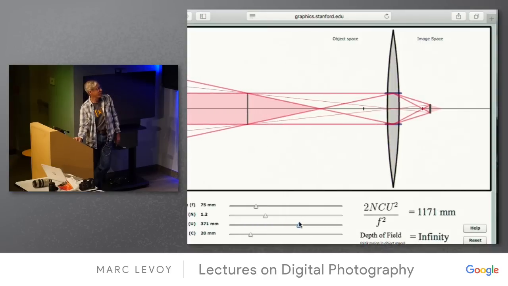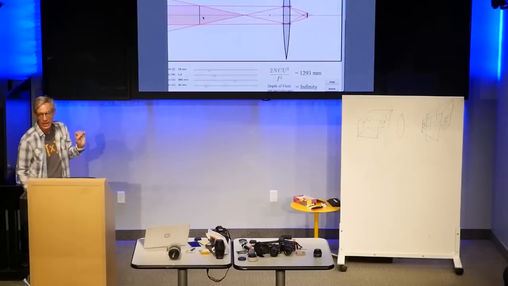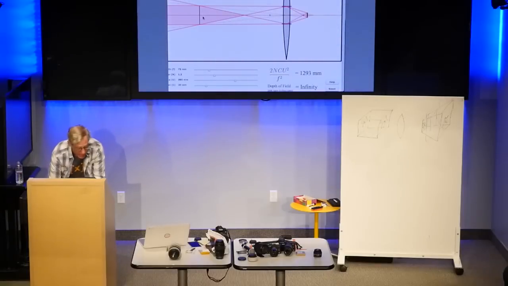And the ray trace at some point will show infinity, meaning these rays never converge. They're at infinity. That means that everything from here to infinity is in focus. That is called, this magical distance at which that happens is called the hyperfocal distance.